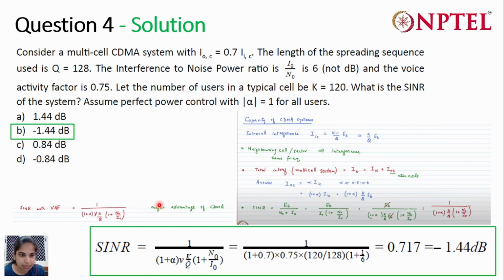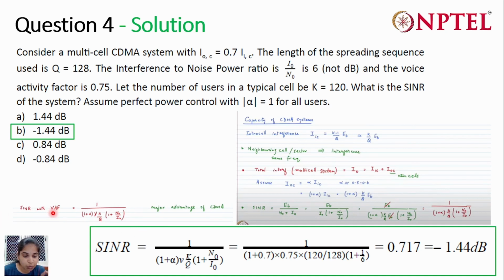Basically, if some user has nothing to send, very little information to send, it will be spread by a bigger spreading sequence with very low power. Only those kinds of users are going to cause lesser interference to the others, right? So that measure is given by this voice activity factor.